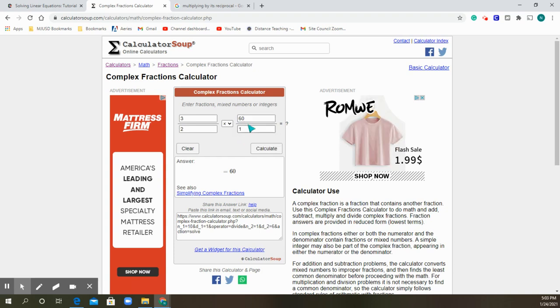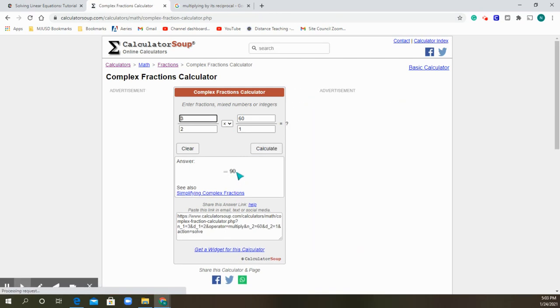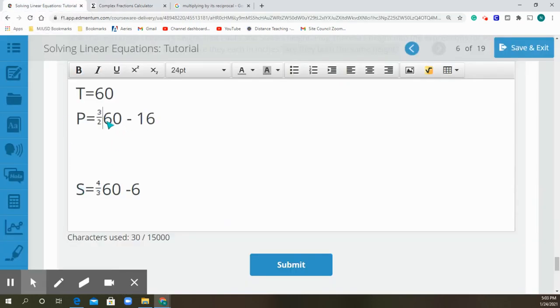That gives us the fraction of 60, and calculate. So that's 90. So now we have P equals 90 minus 16.